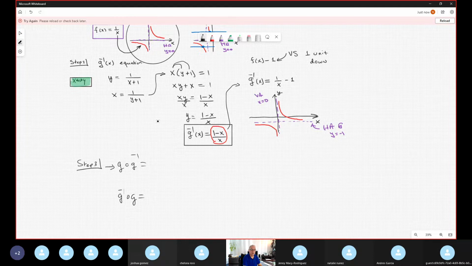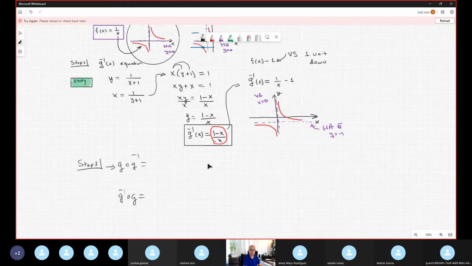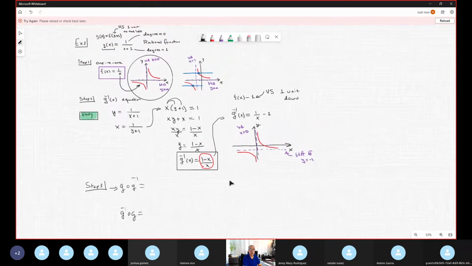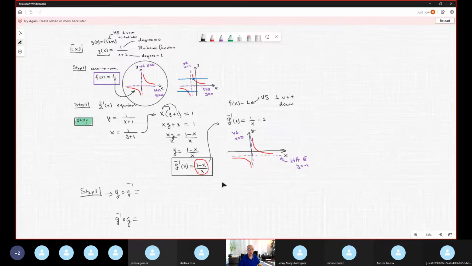G inverse is my innermost function, and you use substitution in the region here. So you replace with 1 over (1 - x over x) plus 1.